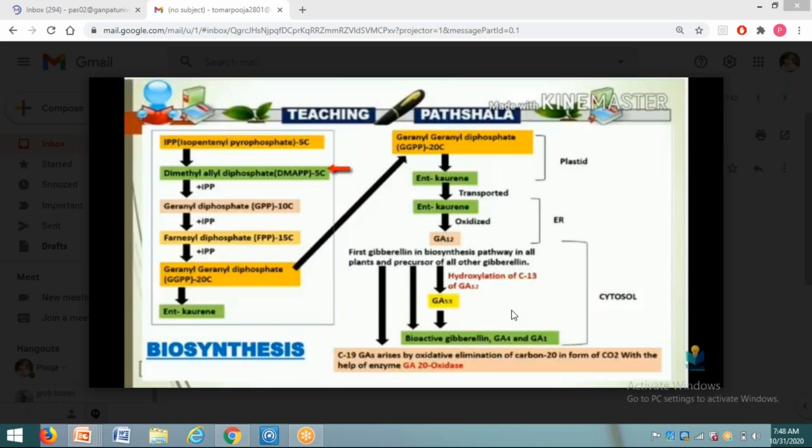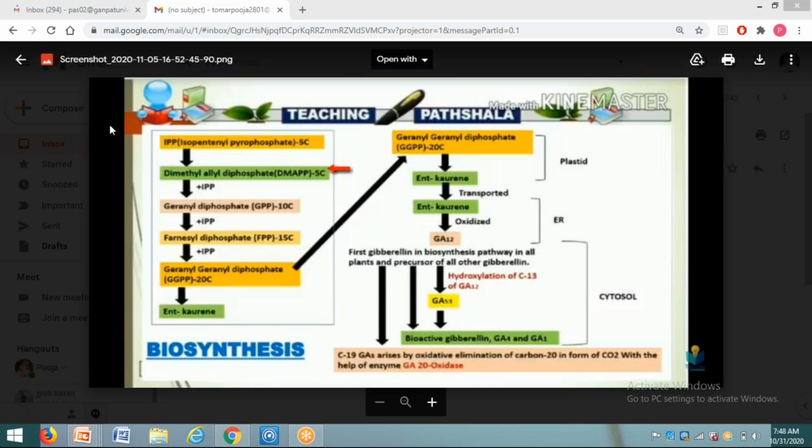So in the cytosol the hydroxylation process takes place, and due to this hydroxylation process the gibberellic acid gets active. Okay, the gibberellic acid is active in the cytosol. So keep this pathway in your mind: geranyl, farnesyl, geranylgeranyl diphosphate, and ent-kaurene.